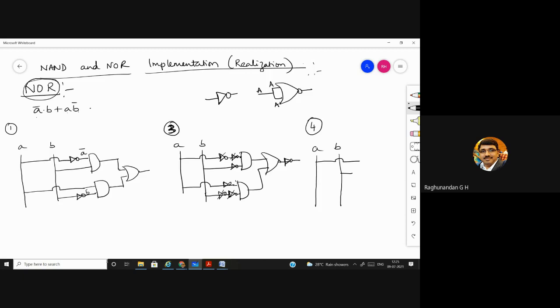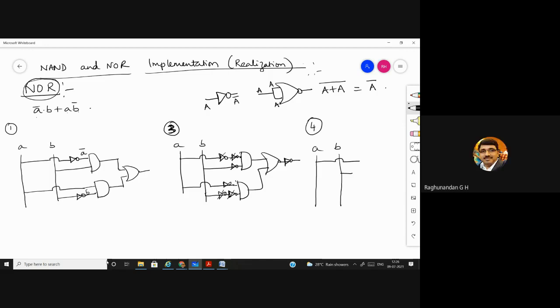the NOR gate. What is A plus A? Because output is A plus A whole bar. What is A plus A? A. So finally it will be A bar. Here what was the output for NOT gate? A bar.